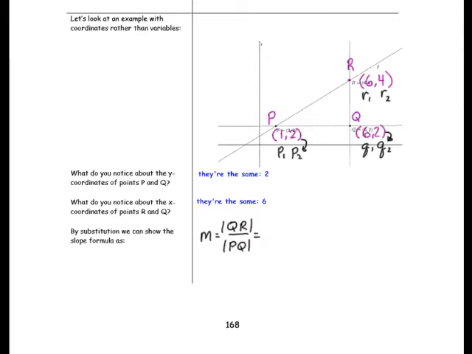To find the rise, we know that we can subtract Q2 minus R2. Okay, and Q2 minus R2, that would be right here, 4 and 2. And then the run would be subtracting P1 minus Q1.